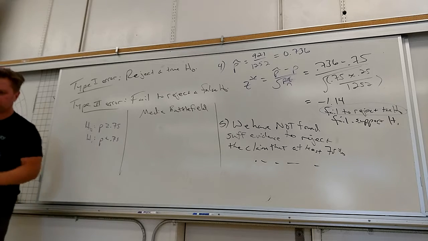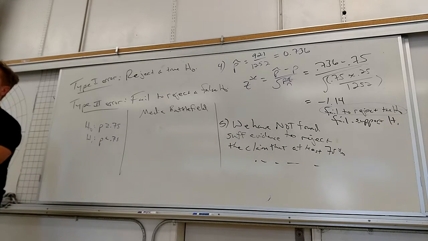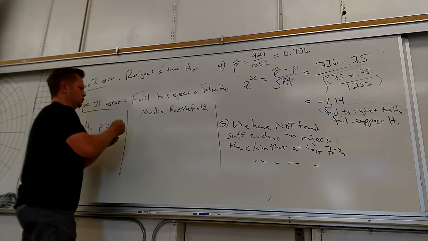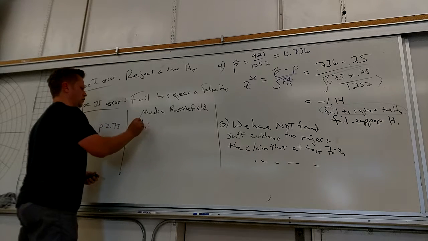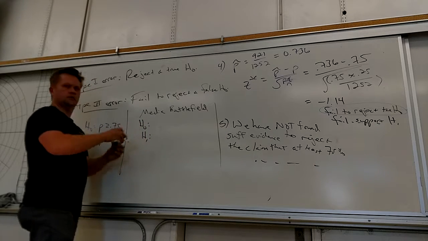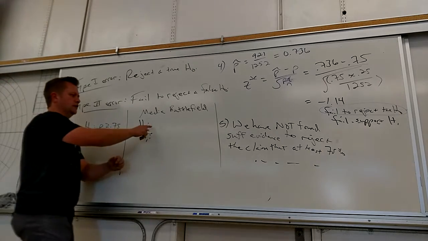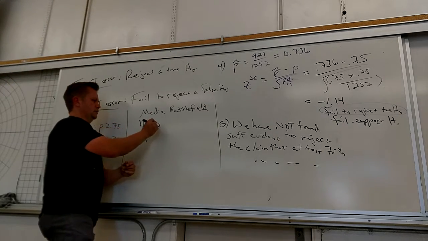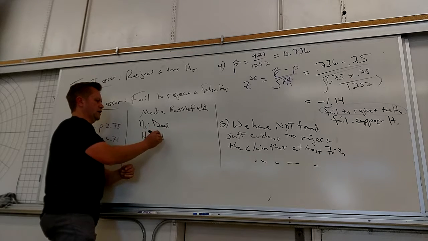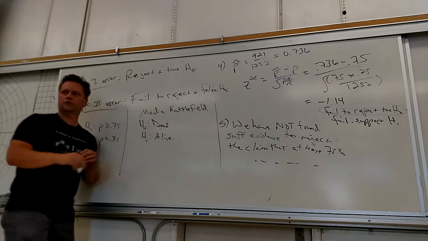When you come up to a person, what are you checking to see? Check to see if they're dead or alive, right? So it depends on you, but what do you want to call the null, and what do you want to call the alternate? Dead and alive. Okay, go. So I could say the null is that they're dead, and the alternate is that they're alive. I'm trying to gather evidence that they're alive.